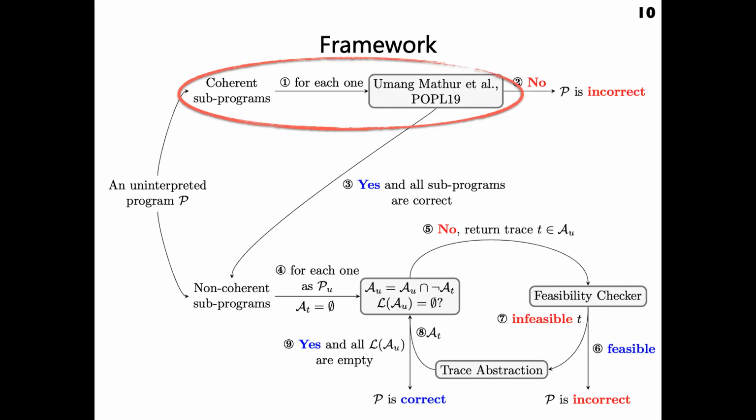And of course, the number of the subprograms is exponential in the number of if-then-else branch statements. But actually, there is a trade-off between the benefit and the overhead brought by the partition. So maybe in the future, we will design some heuristic method to partition the program. Yeah. Okay, interesting. I was just curious in terms of, if you partition it differently, how much of an impact it has and what that trade-off is.